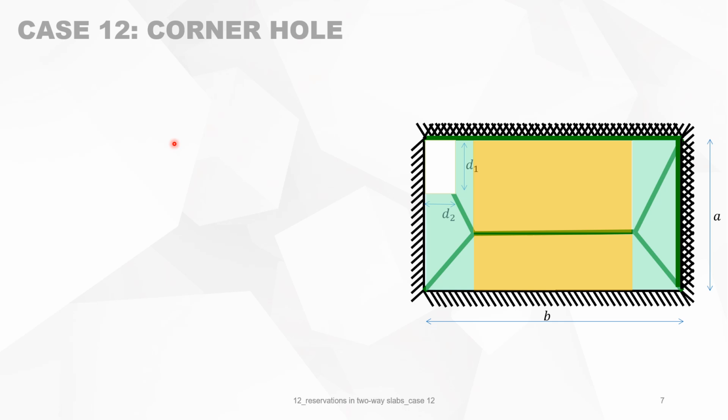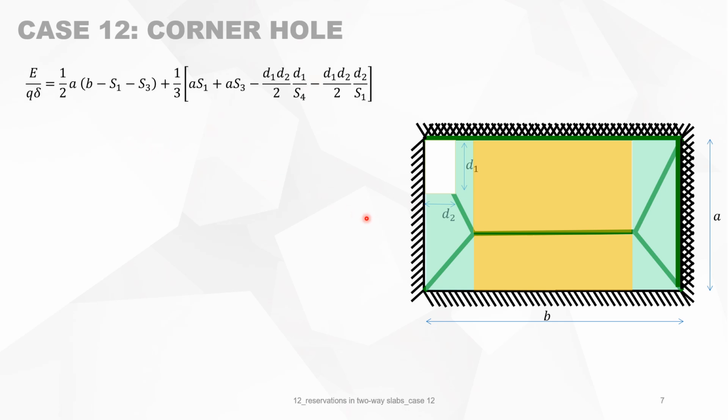Let's look at the work done by the external forces. Then you will see that for the rectangular part of the slab, you get this distance, which is B minus S1 minus S3 times A, and the mean deflection is delta over 2.